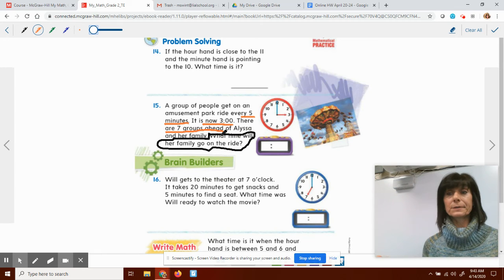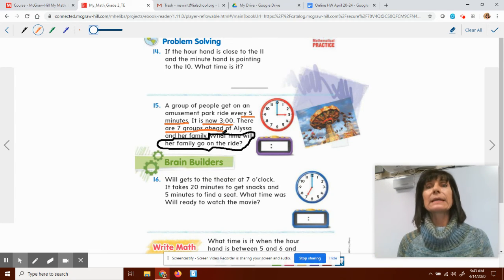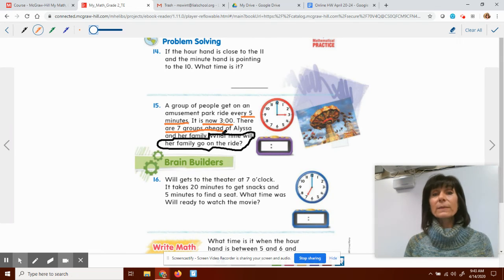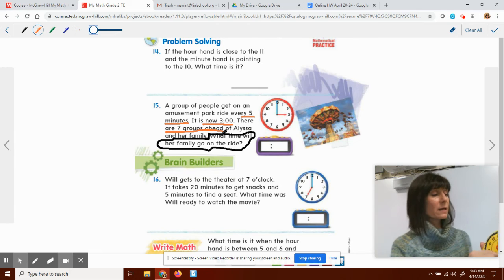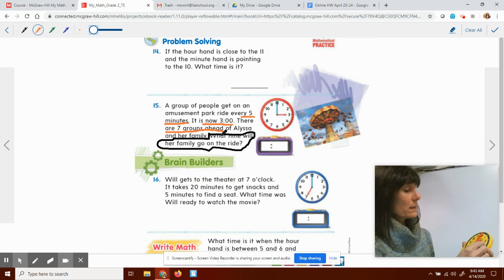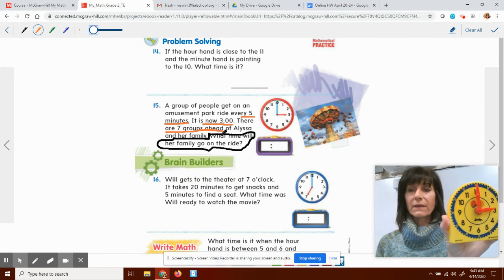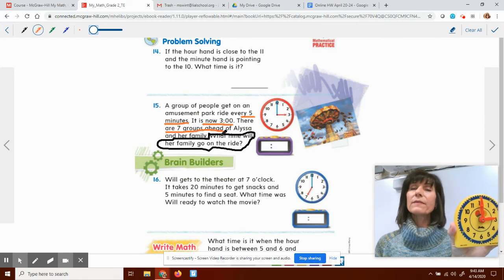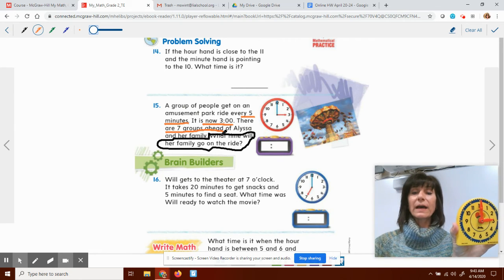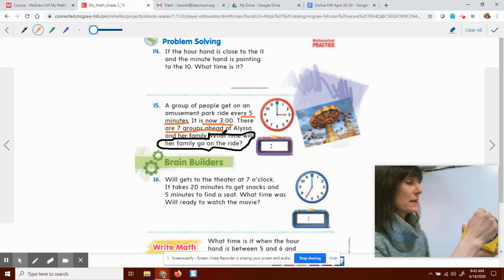So you're at Cedar Point. This happens. And so you kind of want to get an idea of how long you're going to be in this line. The information I know is it's now 3 o'clock. So on my clock, I would make it 3 o'clock. Once I have 3 o'clock, there's 7 groups ahead of me, and they're going 5, 5, 5, 7 times.